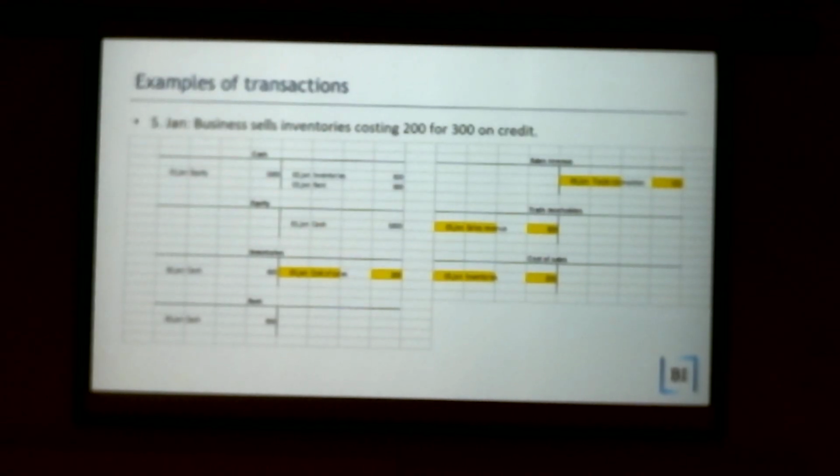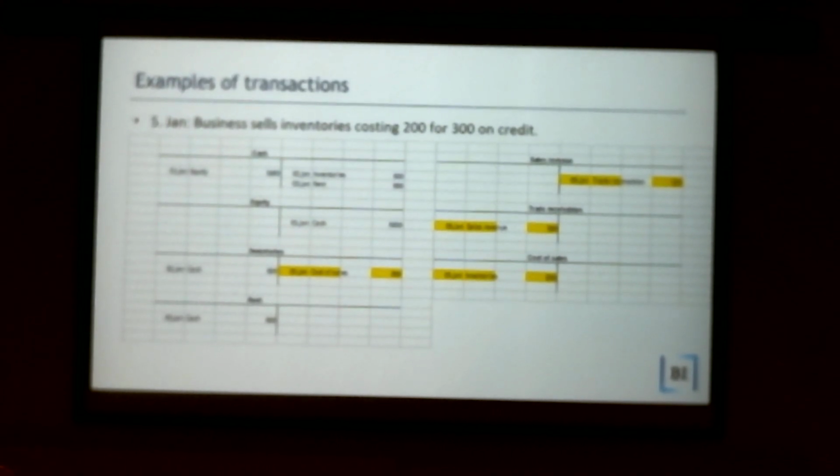Yeah? So first thing, let's maybe start with the cost of sales. So inventories are sold, that means inventories go down. So we have this cost of sales 200 on the credit side of inventories, and the counter side of this transaction is basically the cost of sales, yeah? Inventories, 200. And then we have the revenues, and you see these new accounts on the top right.